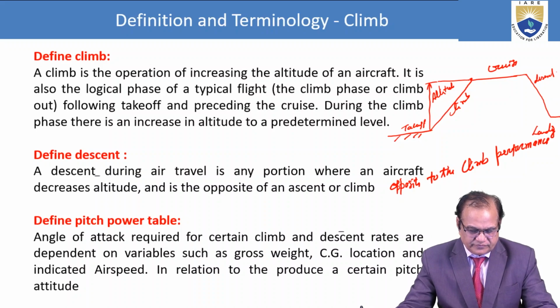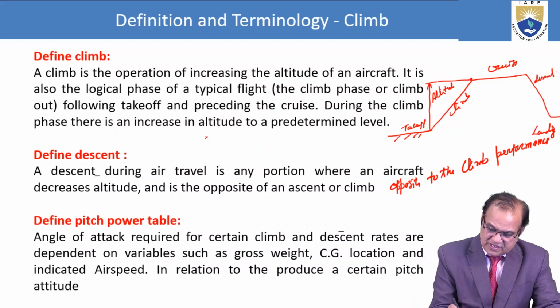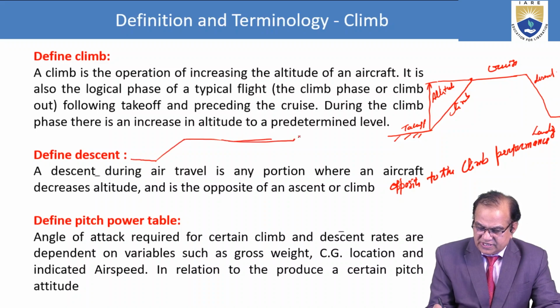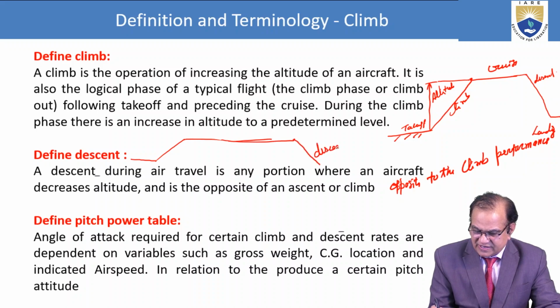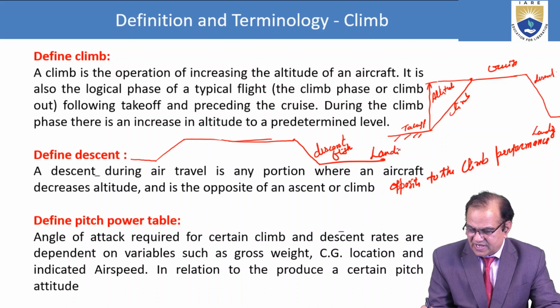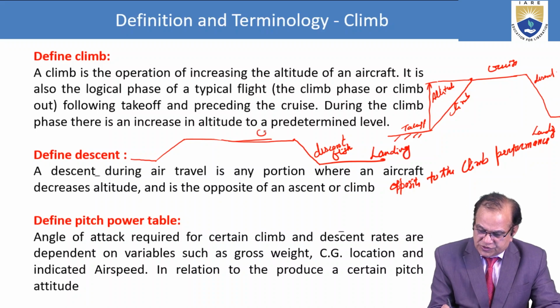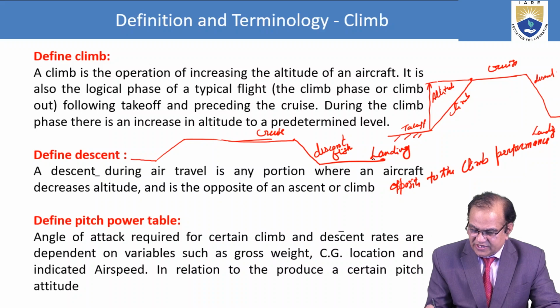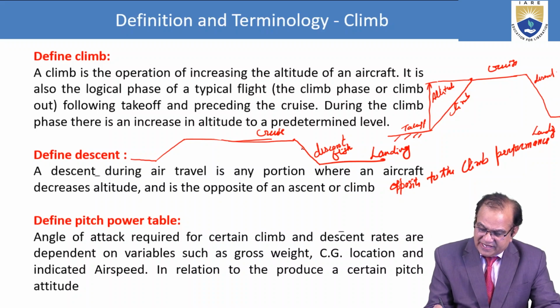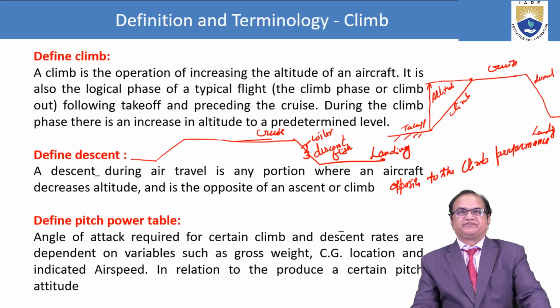And here if you see, the aircraft is like this: climb, cruise, then after cruise, this is the descent flight, then this is the landing. So the descent flight is in between cruise and landing, and there may be a loiter also if required sometimes.